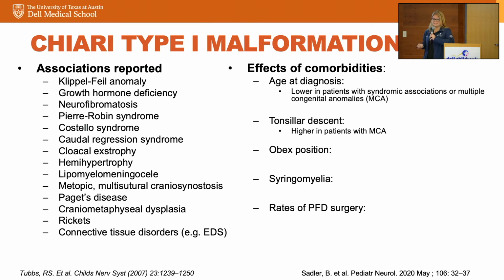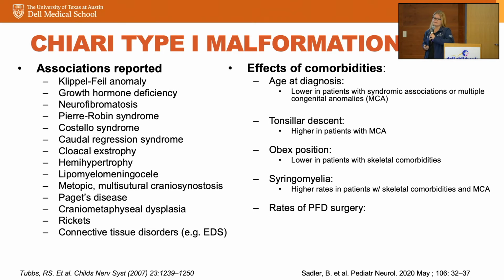The tonsillar descent in these Chiari patients is also higher, meaning that it actually descends a lot lower for these patients with multiple congenital anomalies. Similar situation for the obex position. And the rates of hydromyelia have been higher in patients with both skeletal comorbidities and multiple congenital anomalies, particularly the ones in this list. And of course, as you can imagine, then the rates of posterior fossa decompression surgery have been higher for those same patients.